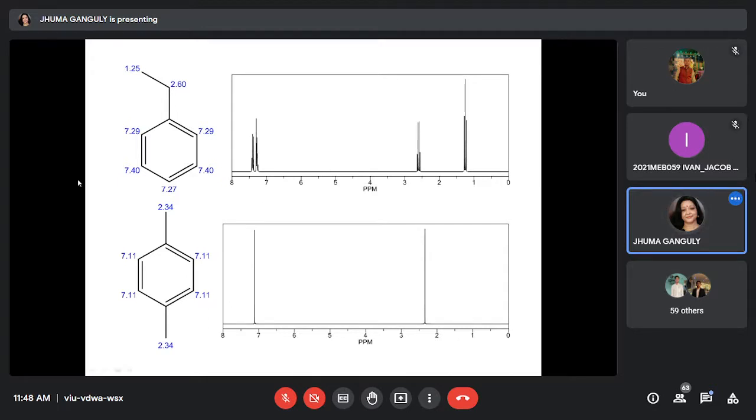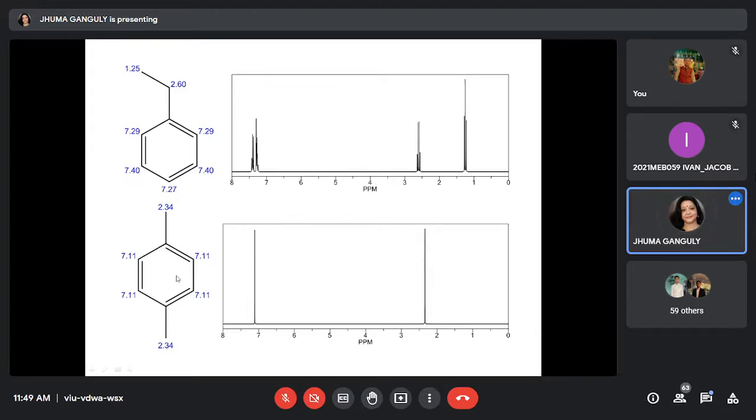Now what is its isomer? Here see the difference. We have no peak in the methyl region; only we get 2.34. And all aromatic peaks appear at one position because it is a symmetrical moiety. So from the picture we can understand this is a symmetrical molecule for the aromatic region.